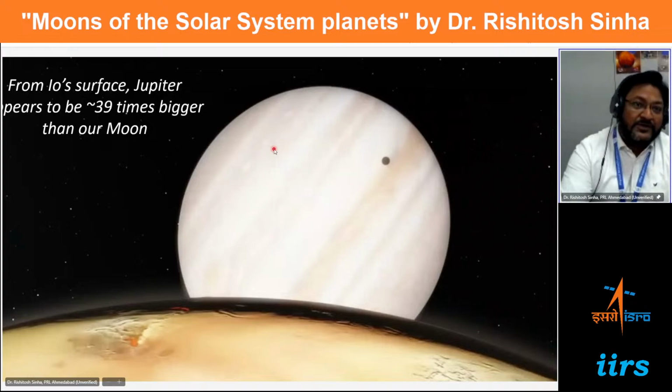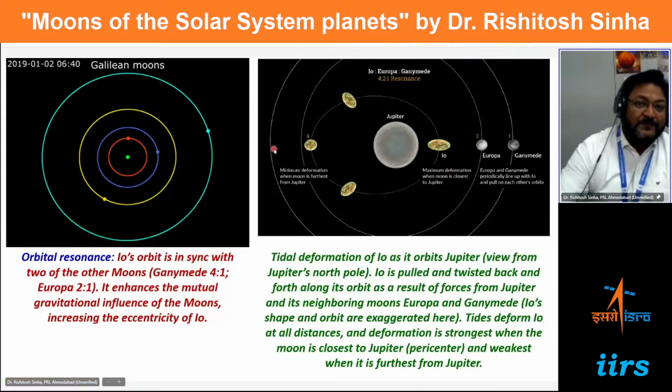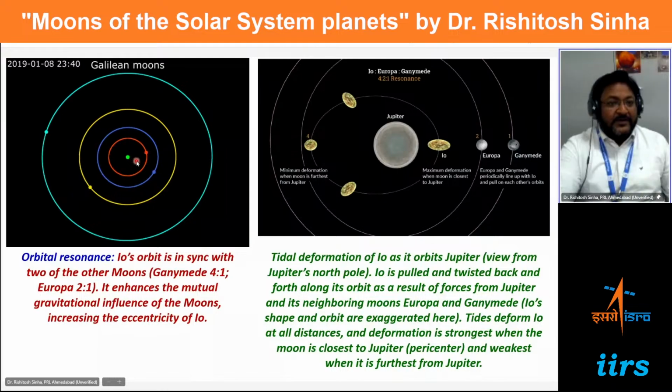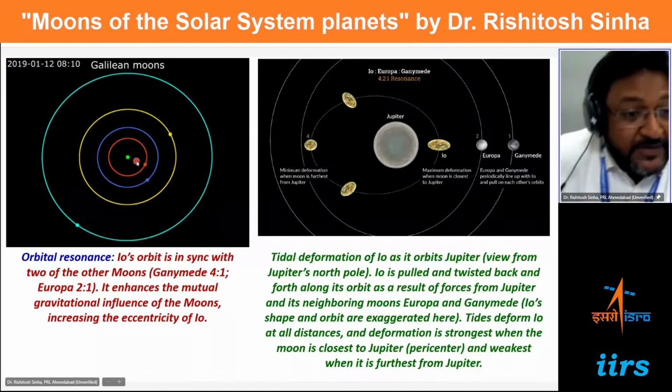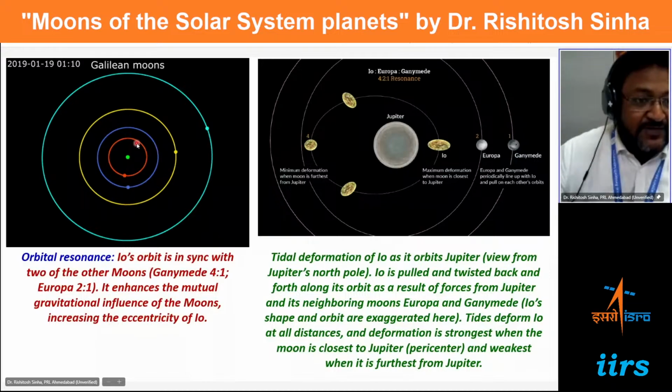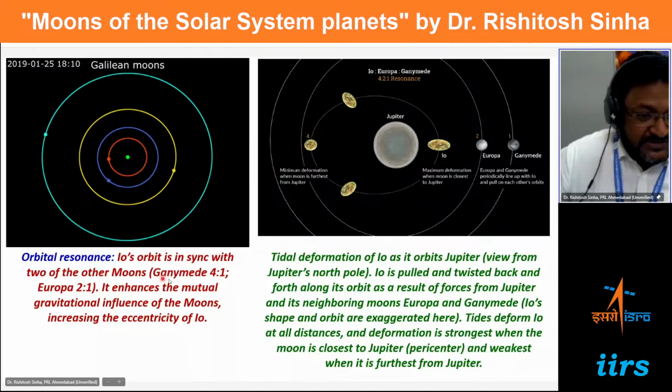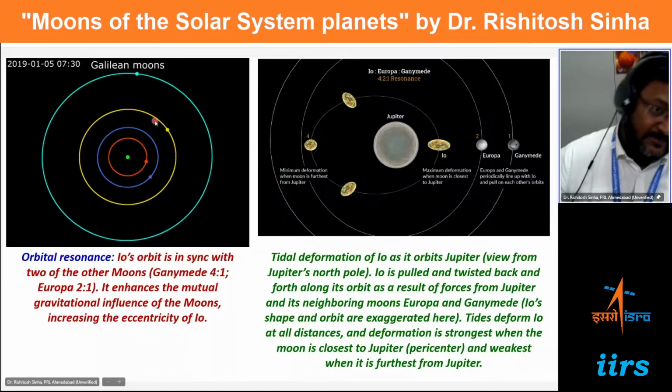ongoing on this Io. One very peculiar thing that happens on Io is the orbit. There is a term called orbital resonance. The orbit of Io is actually in sync with two of the other moons. You can see the relationship here. By the time Ganymede makes one orbit around Jupiter, Io makes 4 orbits around Jupiter.